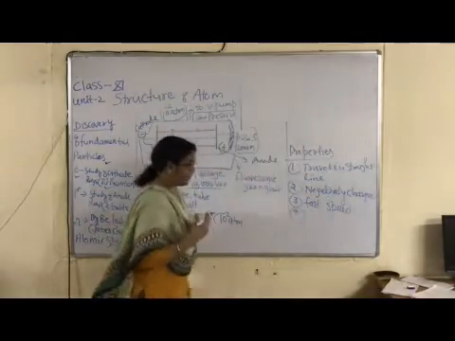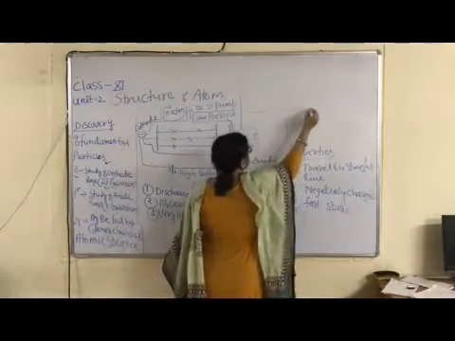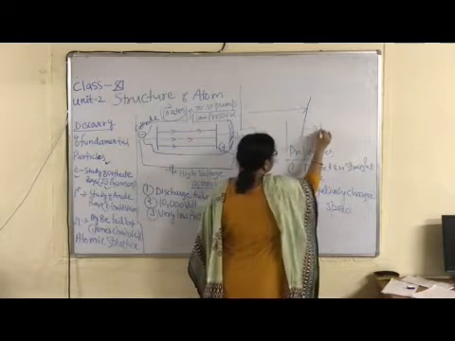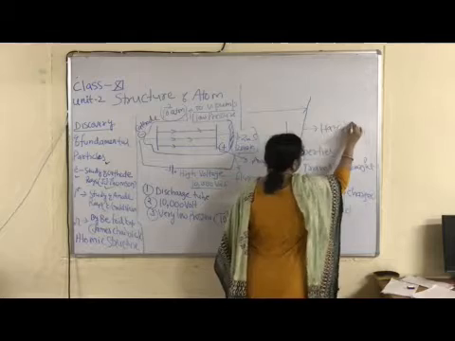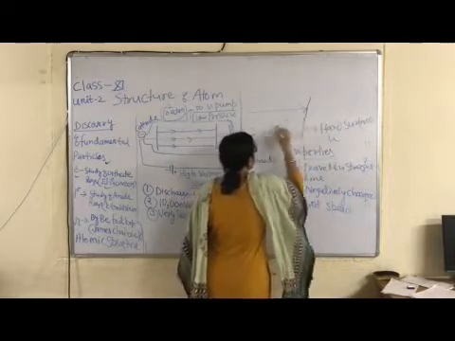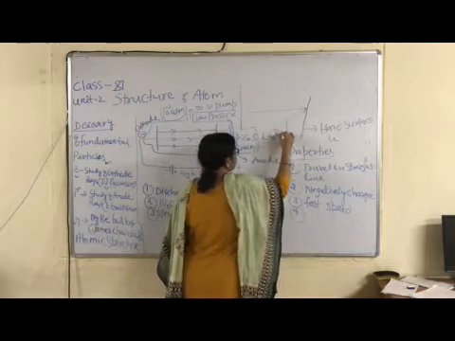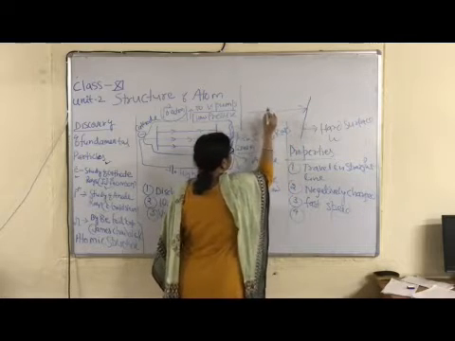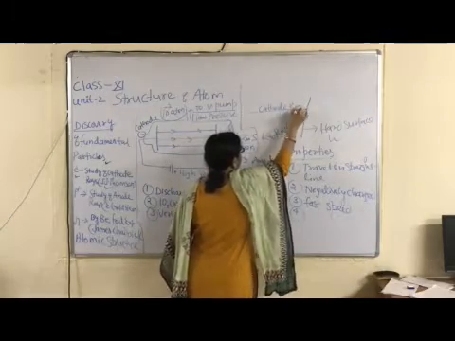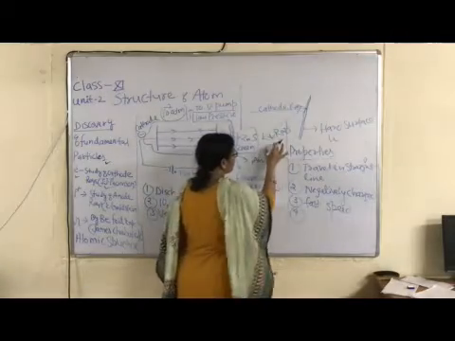Next important property: when cathode rays strike a hard surface, and this hard surface is made of heavy metal like tungsten, they produce some unknown rays which are known as X-rays. This initial incident beam is a single beam of cathode ray. When it strikes this hard surface, they produce some unknown rays known as X-rays.